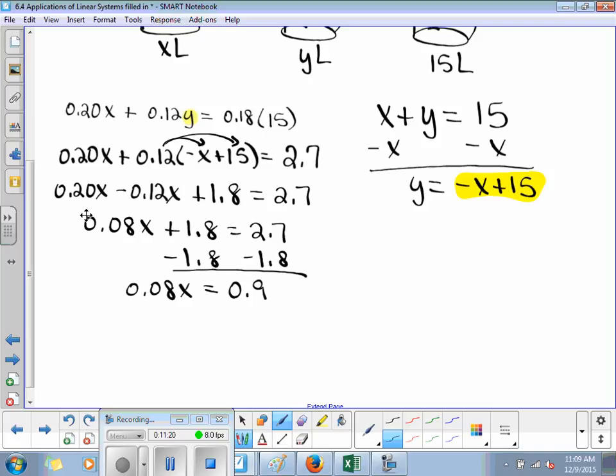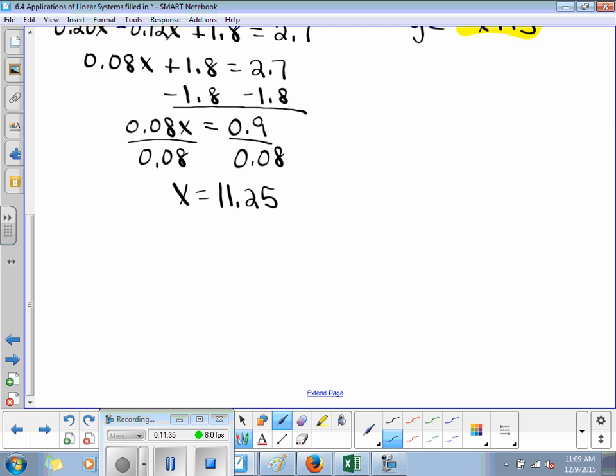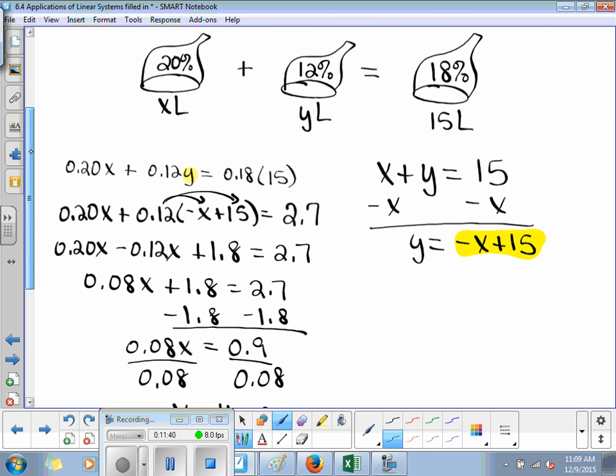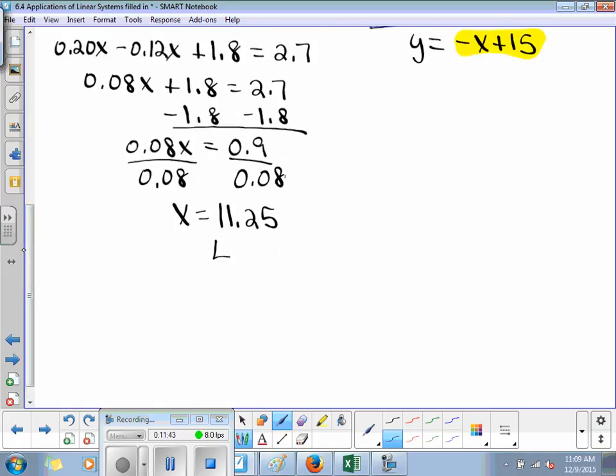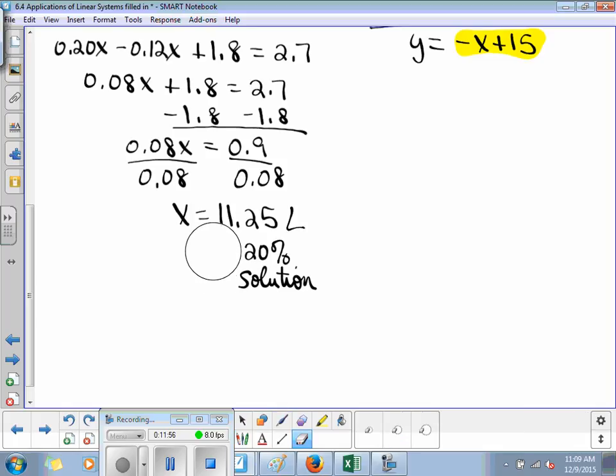So now you're going to divide by 0.08, and x is equal to what? 11.25 what? Liters of alcohol. Which one? 20%. 20% solution. So it's 11.25 liters of the 20% solution.